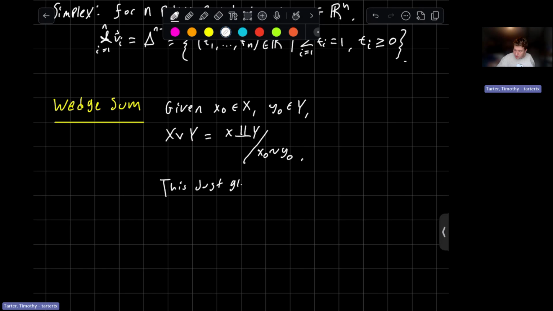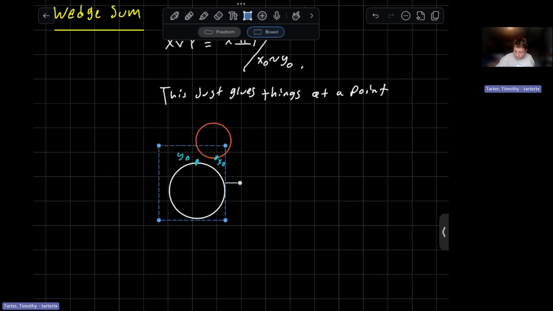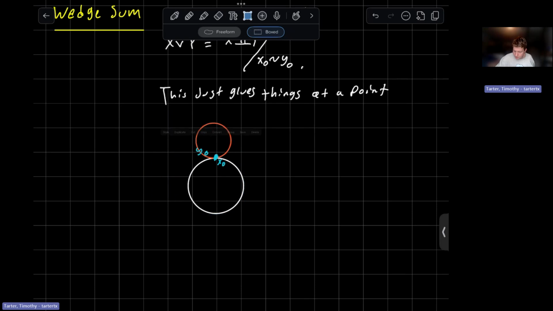So the easiest example of a wedge sum is if you have two circles, and if we identify a point x_0 and a point y_0, then we can glue them together like so. And this is the wedge sum X ∨ Y.